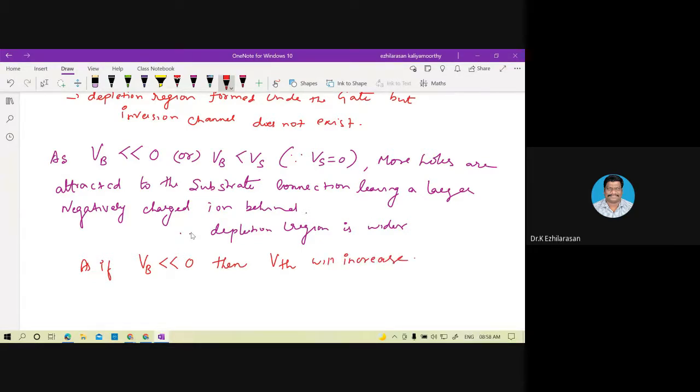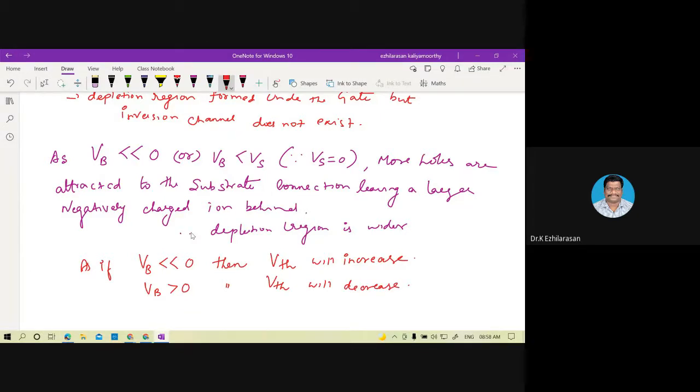This is what actually happens: if the bulk voltage goes much below zero, then the threshold voltage will increase. At the same time, if VB goes more positive, then the Vth will decrease.